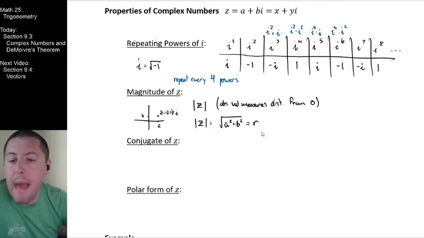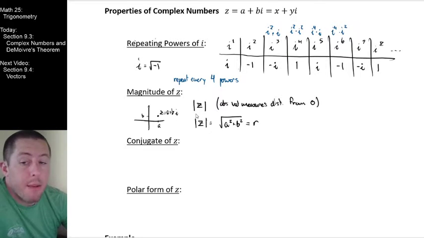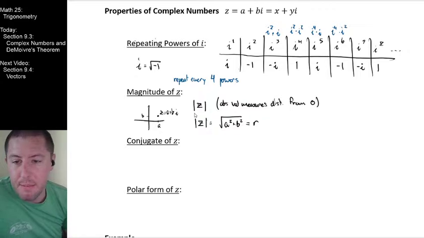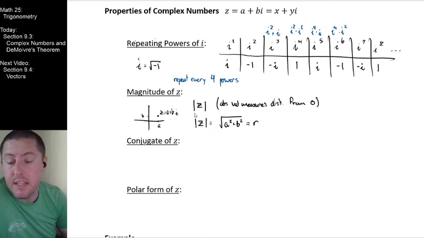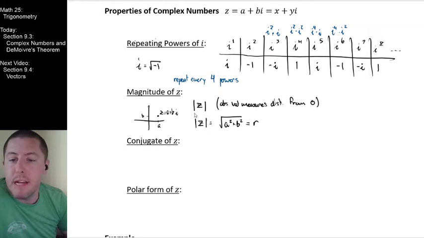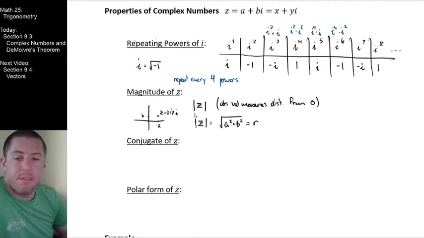So when we're talking about the magnitude of a complex number, we often use absolute value bars to indicate that. A lot of people want to tell me the lame version of what absolute value does, which is that it makes a number positive. That's not what absolute value is doing. It is measuring how far you are away from 0.